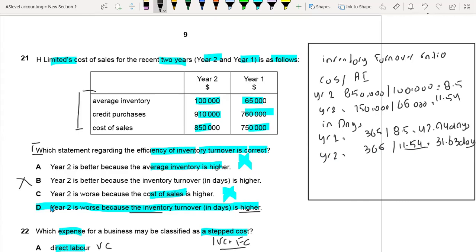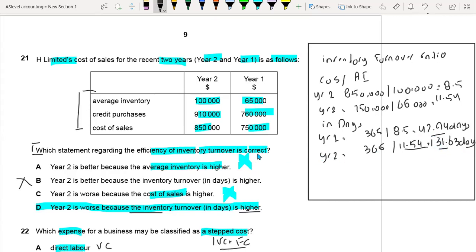But in option D, they are saying that year 2 is worse because the inventory turnover in days is higher. We know that if the inventory turnover days are higher, this shows that the year is worse. But if you go with the calculation, it is written here that this is much lower days than year 1.